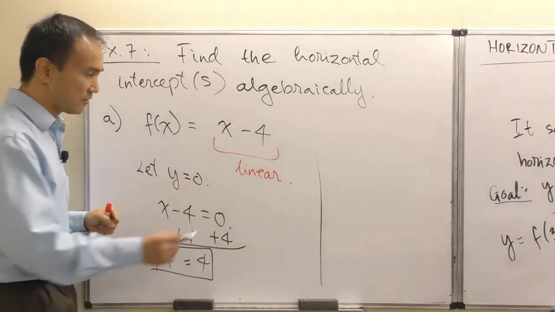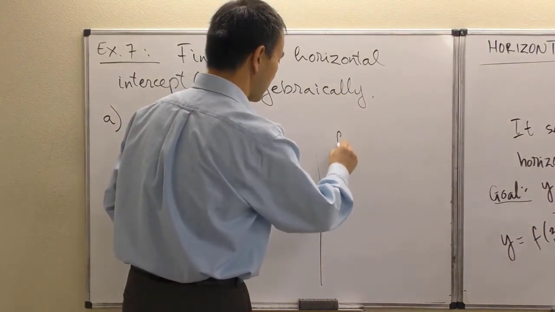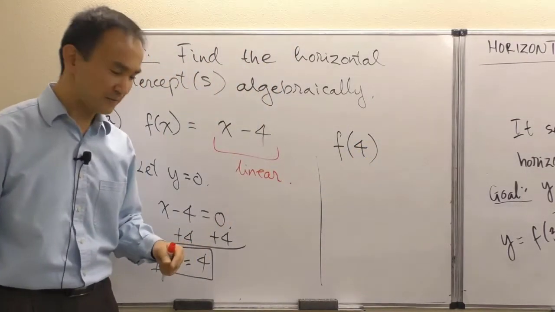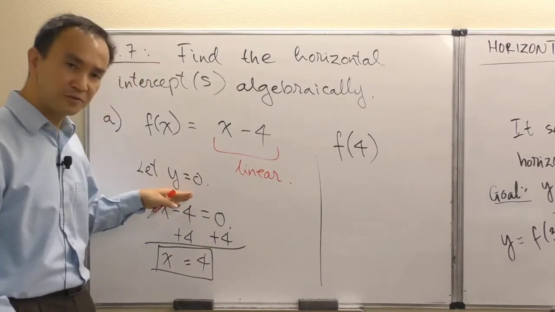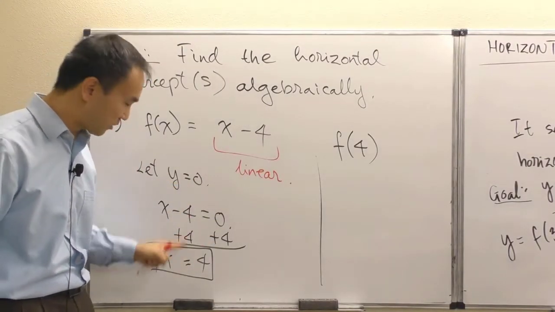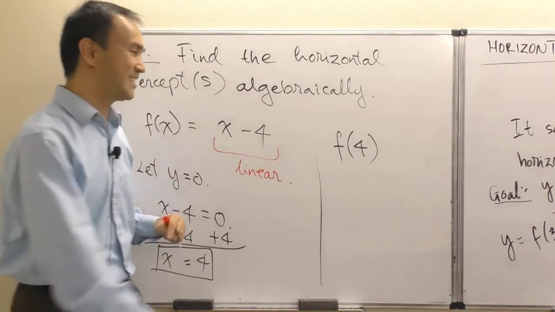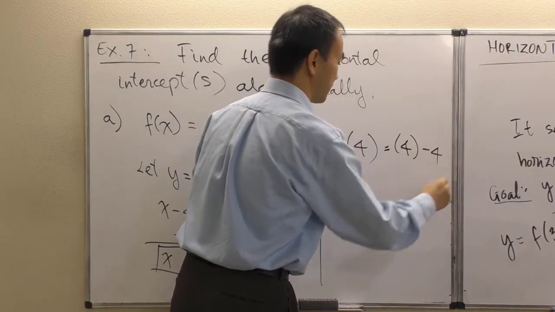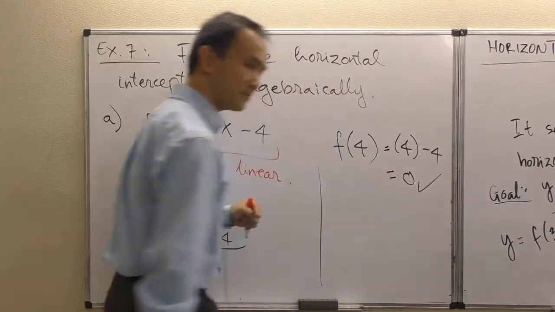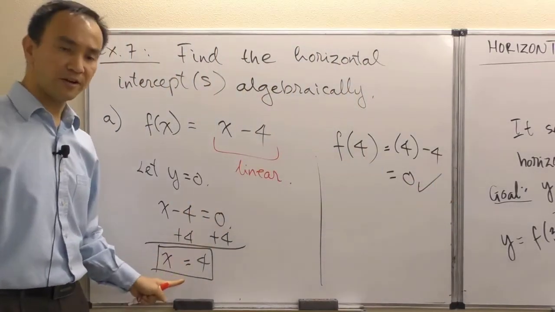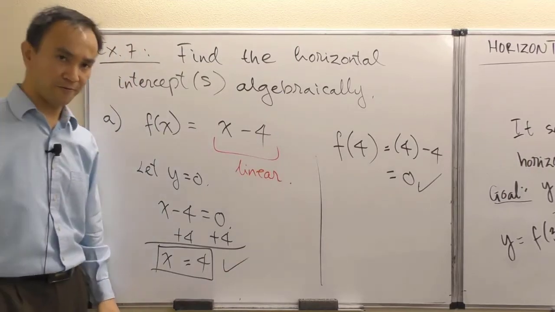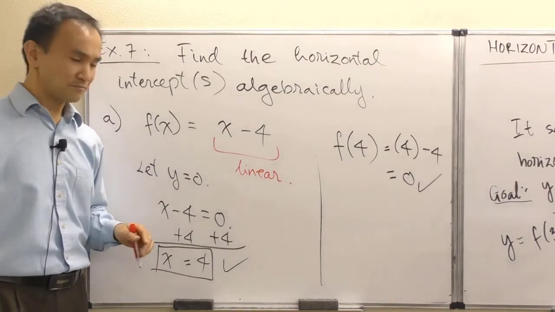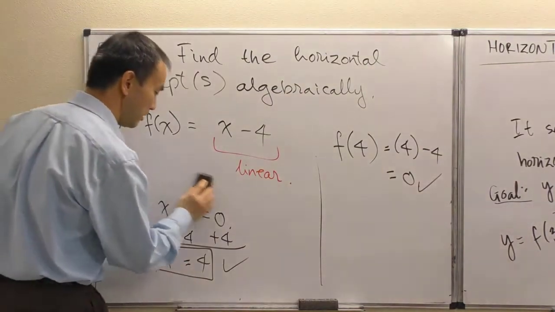So take f of 4: just put the value we found into the function, and we want to verify that this value ensures y equals 0. So f of 4 equals, the rule of the function says, 4 minus 4, and that is equal to 0. That verifies that this is our correct solution. We have found our horizontal intercept for this particular function. All right, so let me now look at another one.